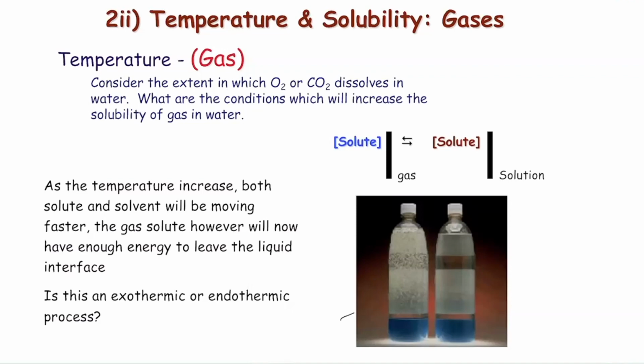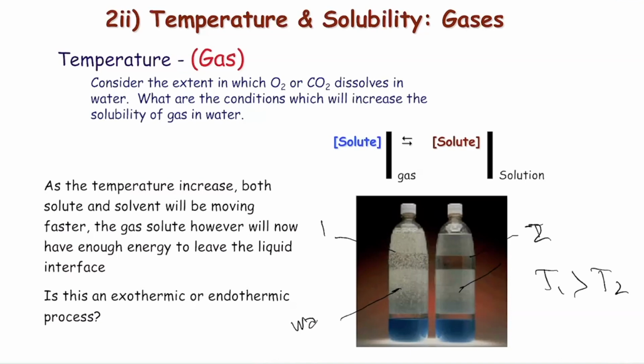Here you see a lot of bubbles, here few bubbles. This is actually warmer. Let's say that this is condition 1 and this is condition 2. We can say that T1 is greater than T2. It's under warmer conditions. That's why you start to see that fizz.